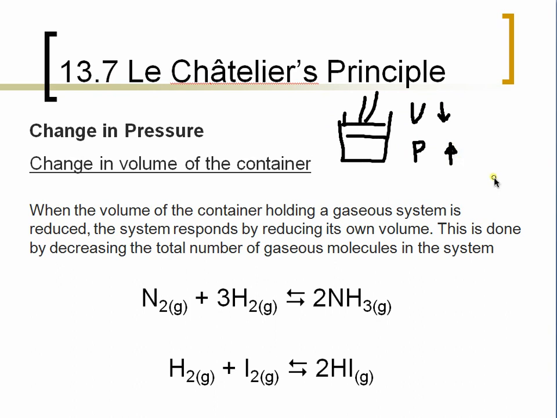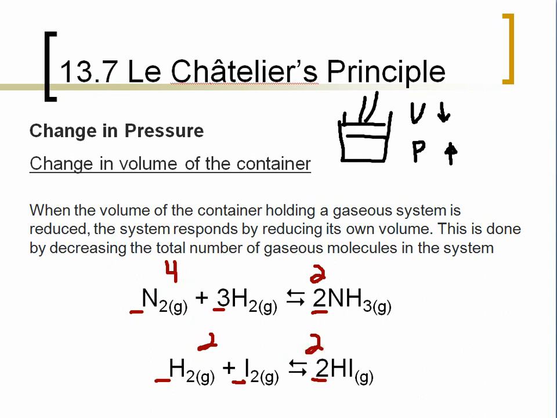Okay, so in my first example, you have to count how many molecules you have in your reaction. For this example, I have a total of 4 molecules. So 1 plus 3 is 4. On this side, I have 2. In the second example, I have 1 plus 1 is 2. And then I have 2 here, so 2 and 2.